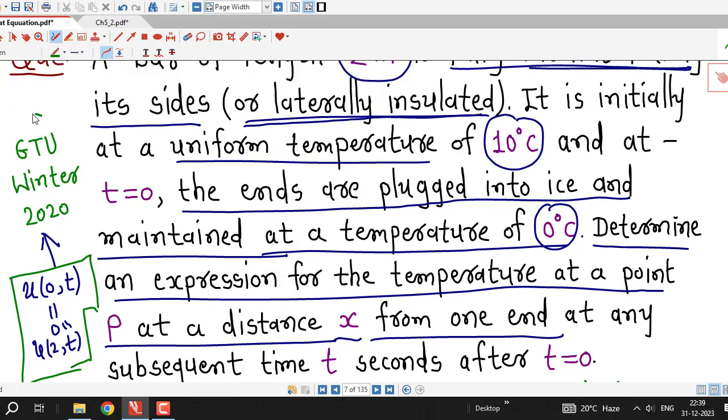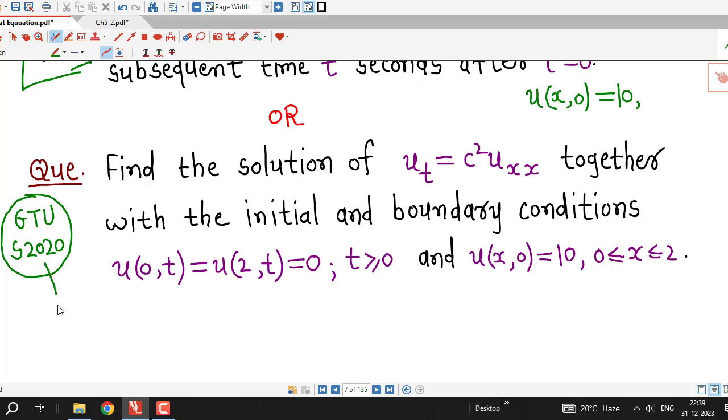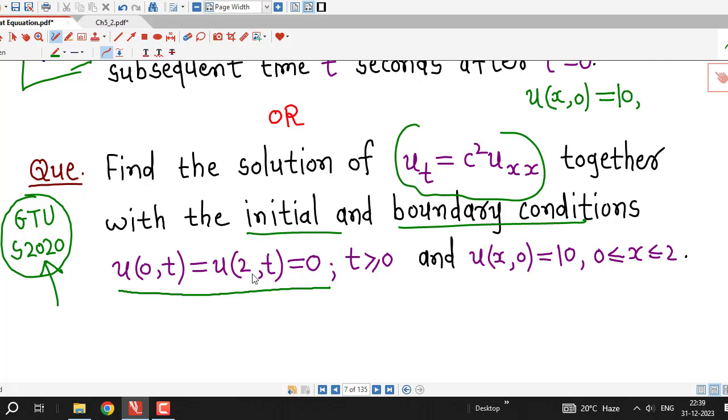Now they have asked this question in this way in the GTU Winter 2020 exam, and the same question they have asked in the GTU Summer 2020 exam in this way, that find the solution of the heat equation del u by del t equal to c square times del square u by del x square together with the initial and boundary conditions u(0,t) equal to u(2,t) equal to 0 for all t greater than or equal to 0 and u(x,0) equal to 10 for every x along the bar.